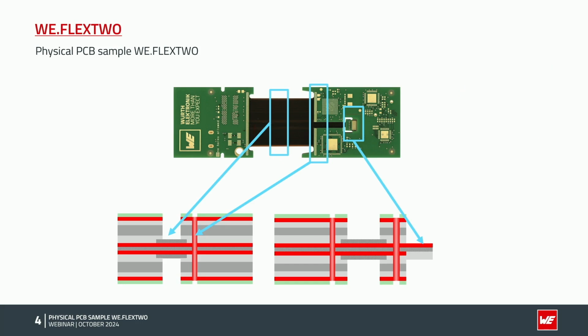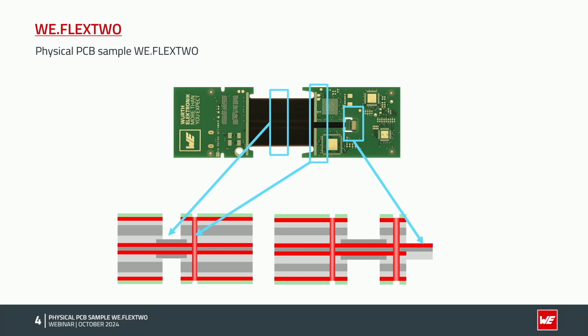So here again, in this picture, you can see the first point is, of course, material in the flex area, material in the rigid area. Here you see the SIF connector. We have the lift-off area here.